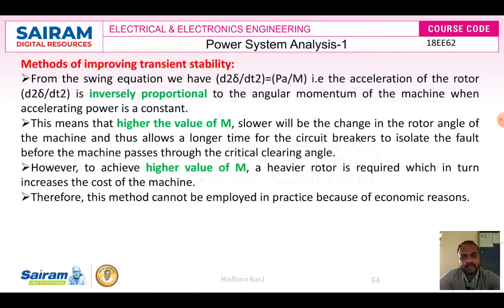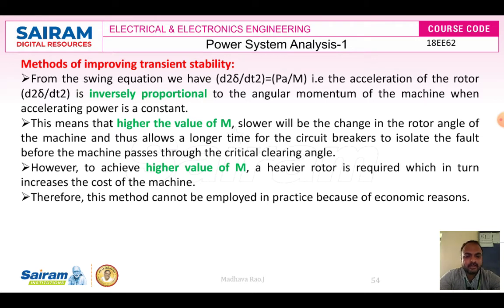When accelerating power is constant, this means that the higher the value of M, the moment of inertia, the slower will be the change in the rotor angle.